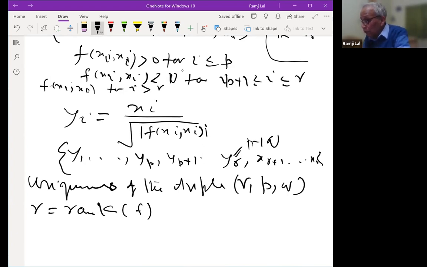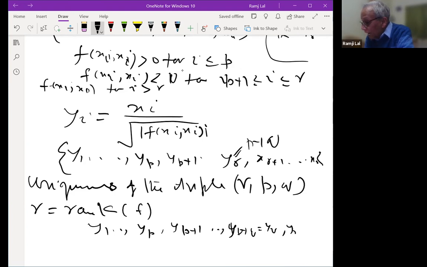Only thing you have to look into is this. So here is your basis y1, y2, ..., yp, yp plus 1, ..., yp plus q equal to yr, and then yr plus 1, ..., yn.